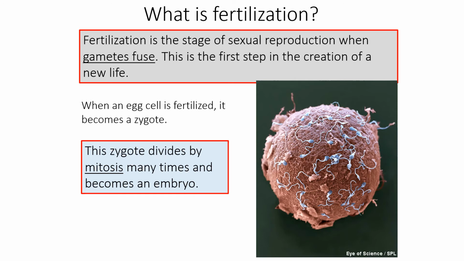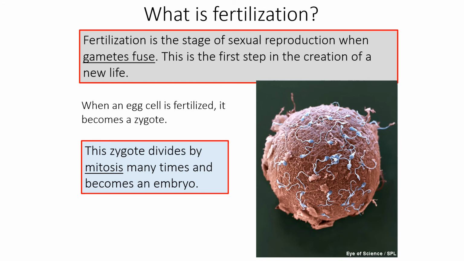When 2 sex cells join during fertilization, the single new cell formed has a full set of chromosomes. In humans, the egg cell contains 23 chromosomes and the sperm cell contains 23 chromosomes. When they join together, they produce a single new body cell with 46 chromosomes in 23 pairs, the correct number of chromosomes for a human body cell.